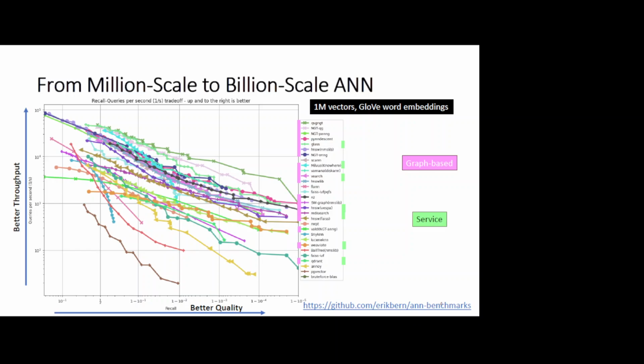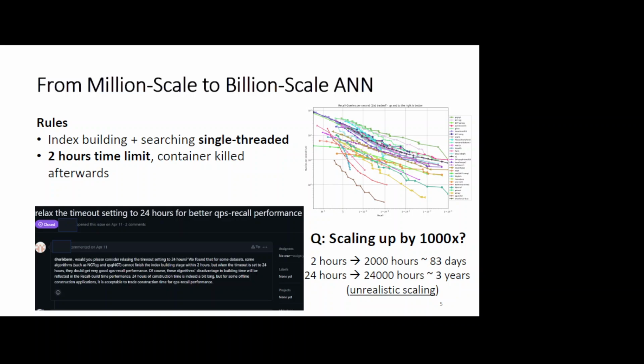You have very good quality code, and your throughput is generally very high. But the second track expands to billion scale.